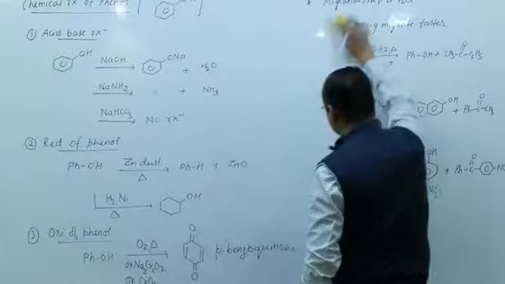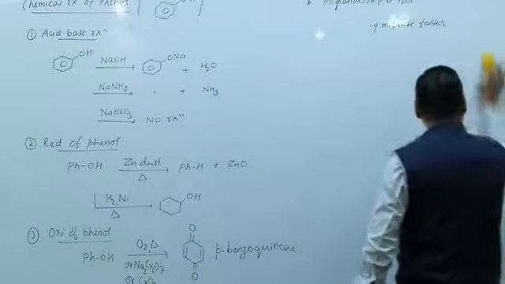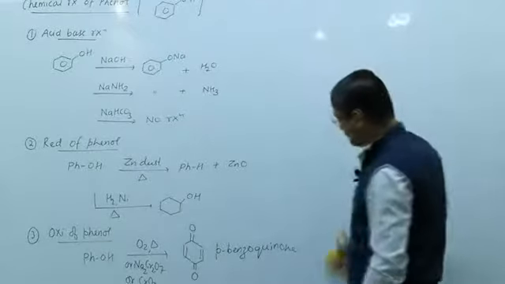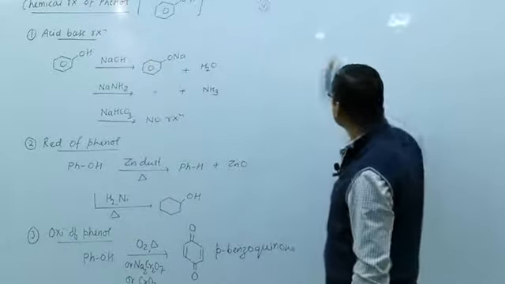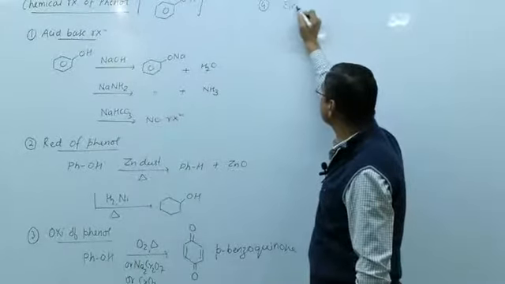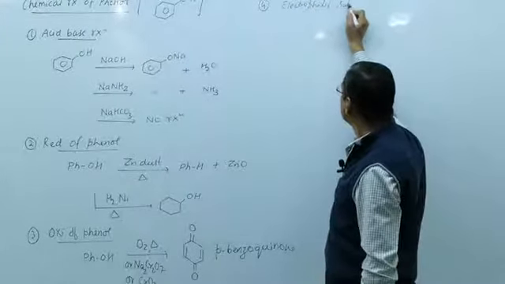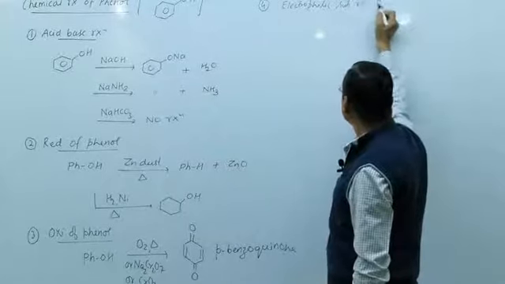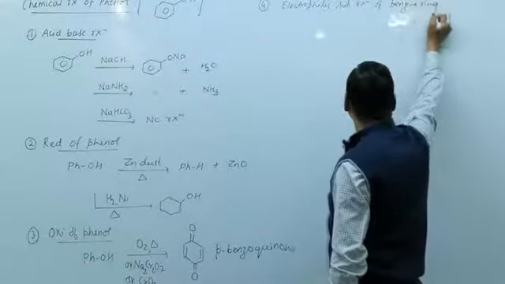Now the fourth kind of reaction of phenol. The fourth reaction of phenol is the electrophilic substitution reaction of the benzene ring.